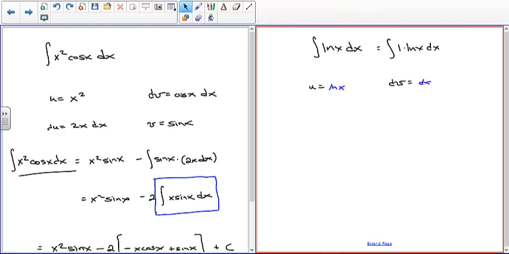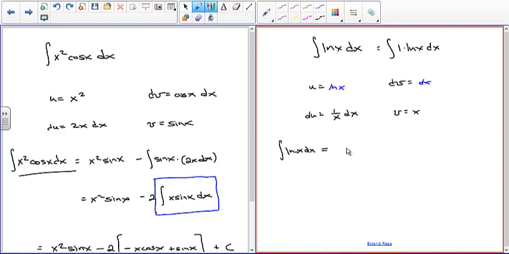So anyway, okay. If you take the derivative of the natural log of x, you get 1 over x dx, and the integral of dv is just v, and the integral of dx is x. So you plug that into your integration by parts formula, and you get u times v minus the integral of v times du.